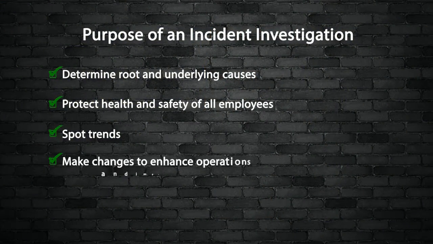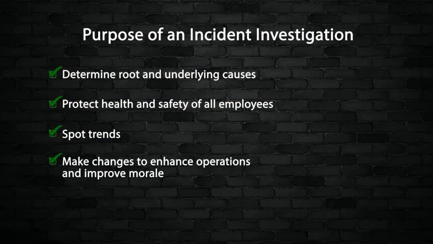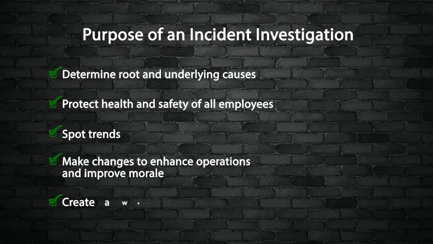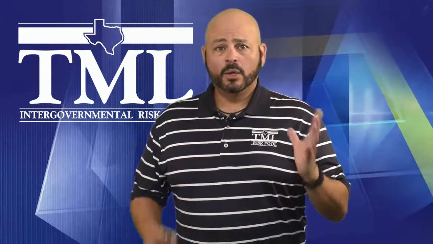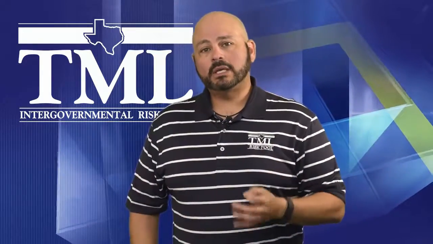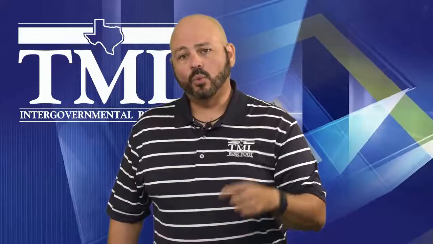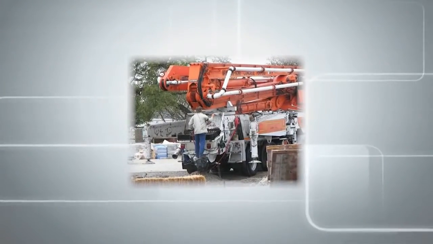All of this is key components in our program. And of course, the last one is to create awareness. We want to make sure our employees are aware of their surroundings and the hazards associated with the tasks that they perform. When things happen, we as an organization have to look at what's occurring.